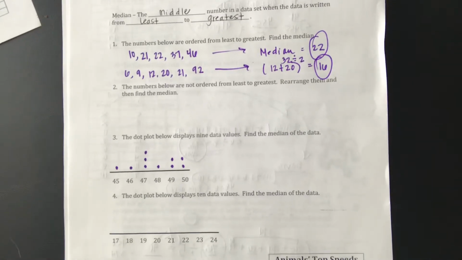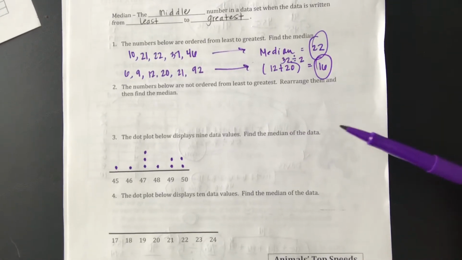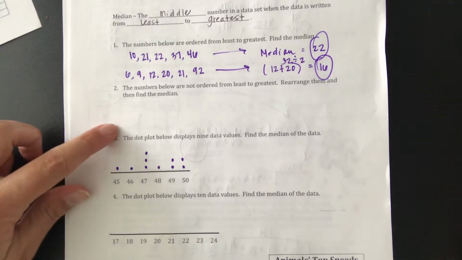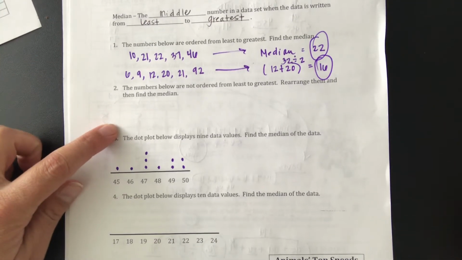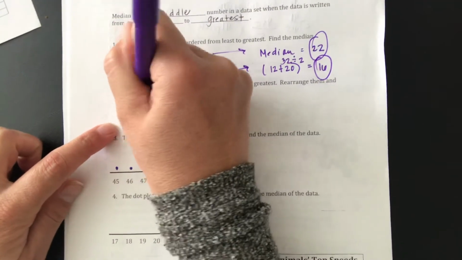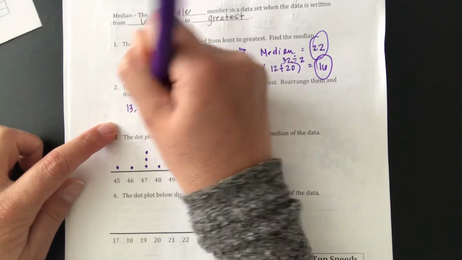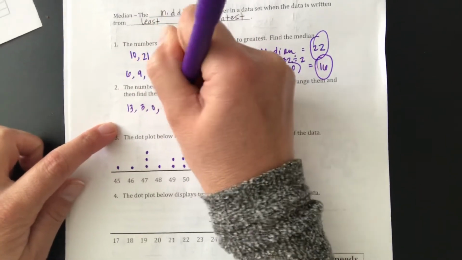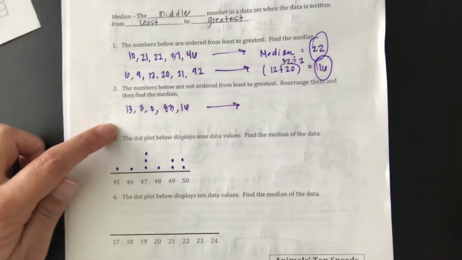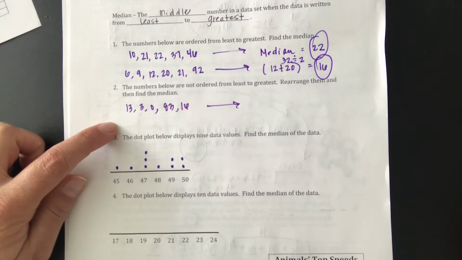Number 2, the numbers below are not ordered from least to greatest. So we need to rearrange them and then find the median. I have 13, 3, 0, 83, and 16. Go ahead and rearrange those.